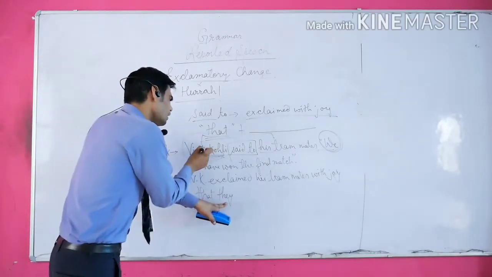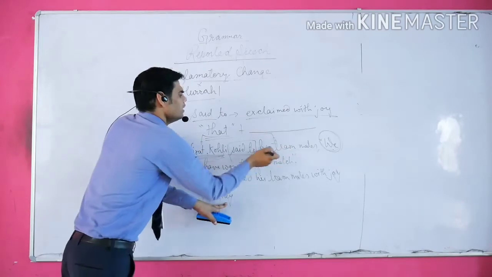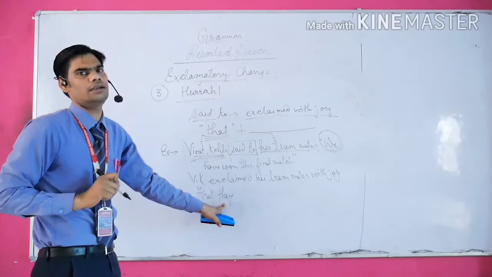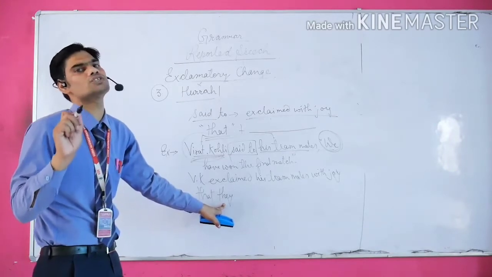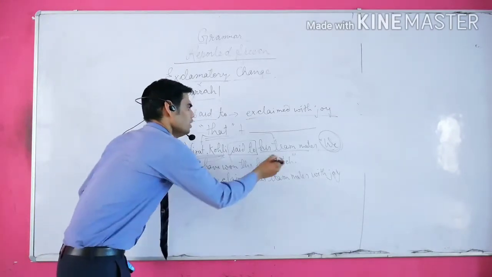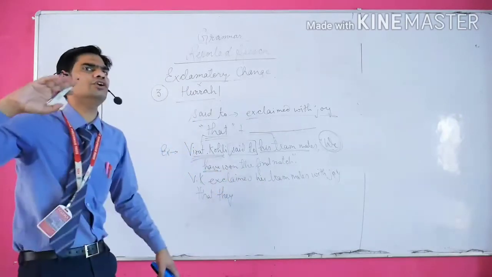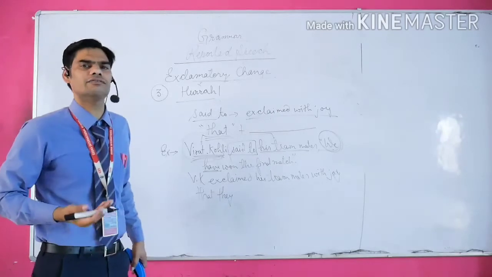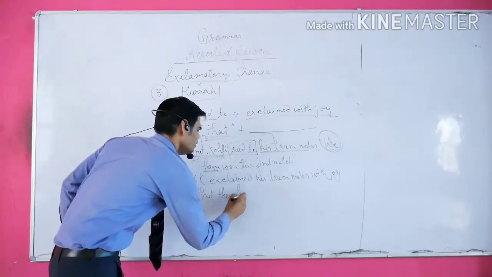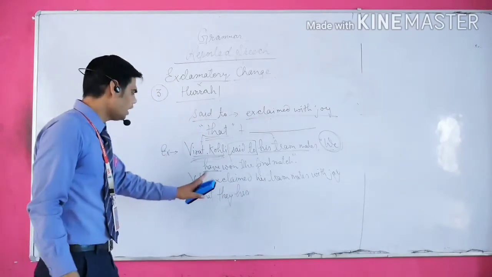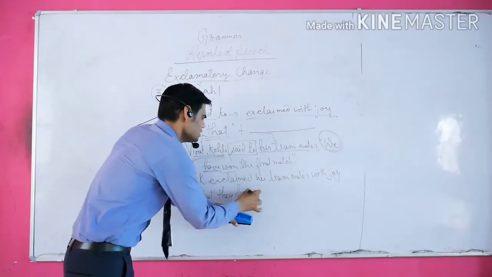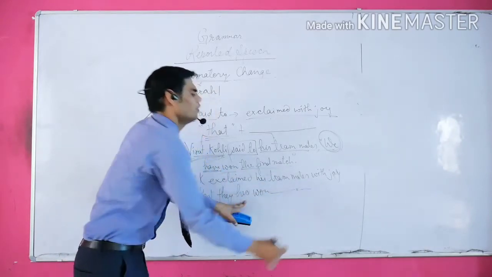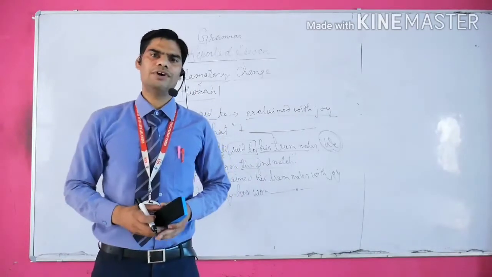So "we" becomes "they." I hope you understand. Then we will write "have" according to the tense change. Remember, in the tense change we said that "have" we will convert into "had." So we will write down "had." Have converted into had, and "won" as it is, the third form, and "the final match" as it is. I hope you have understood nicely.